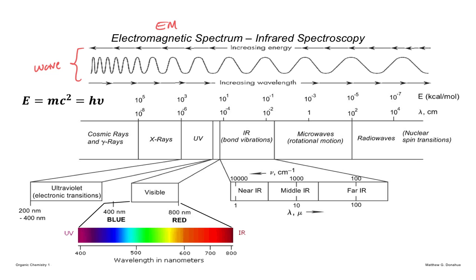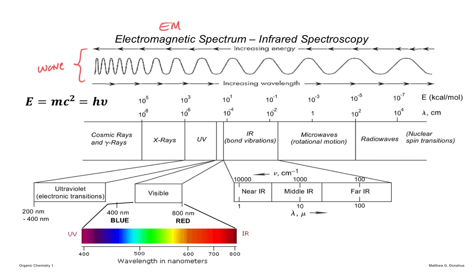That's different from a continuum that goes on for infinity. But if we start to the right, you see the wavelength is really long. So wavelength is measured from crest to crest, or trough to trough.